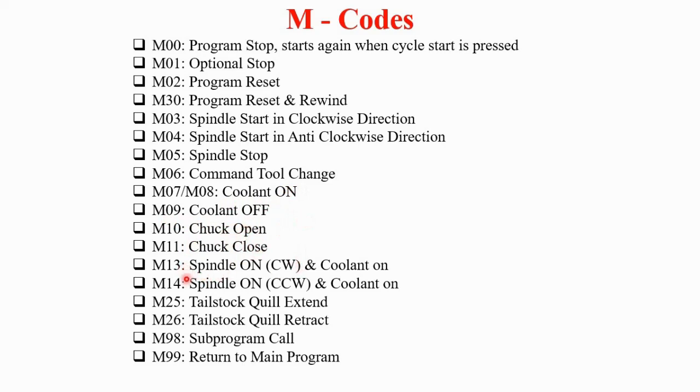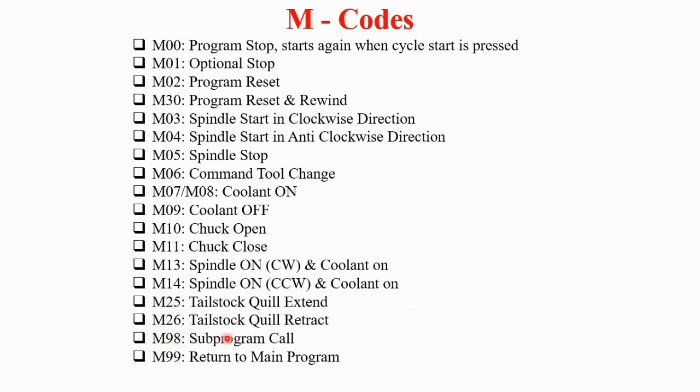Then M13 and M14 are used for spindle on and coolant on simultaneously, in clockwise direction as well as in anti-clockwise direction respectively. Then M25 and M26 are used for tailstock quill extend and retract.